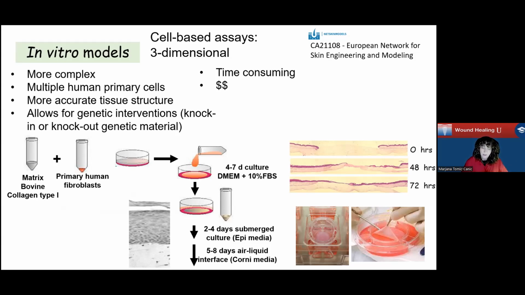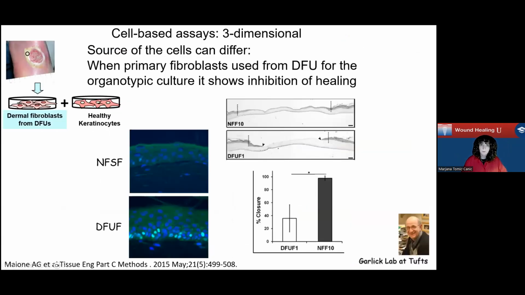They have received funding to basically form this network, which is already up and running and had many meetings. They have 2 meetings a year where they exchange and share protocols of how to generate these models, isolate primary cells for different kind of skin testing, not only wound healing, but I just wanted to mention this might be some useful resource to you.